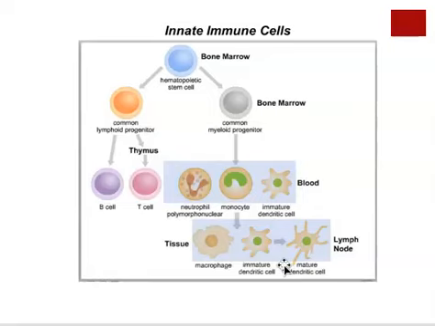Remember, in all tissues in the body, not just the bloodstream, we find at least one type of immune cell. So macrophages, again, dendritic cells. These are found both in tissues and in the lymph nodes themselves.